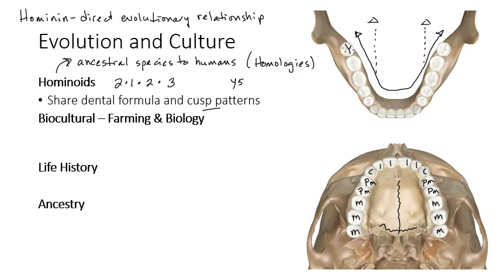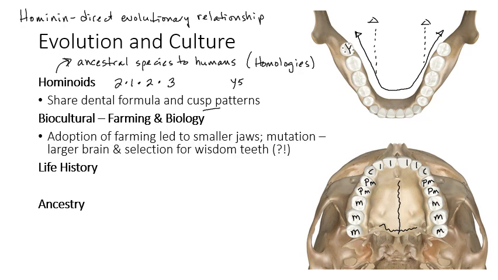Here's a biocultural bit, for example, and we've talked about this as well. Adoption of farming led to smaller jaws. This ultimately led to a mutation where we started to see larger brains, and selection for wisdom teeth begins to disappear. Don't need the wisdom teeth. We did need wisdom teeth, that third molar, in a large jaw. What's the function?